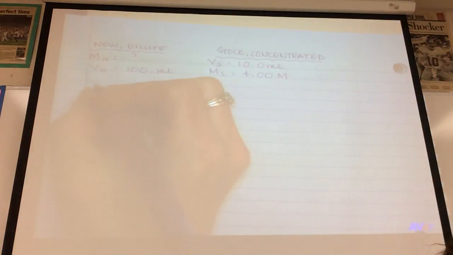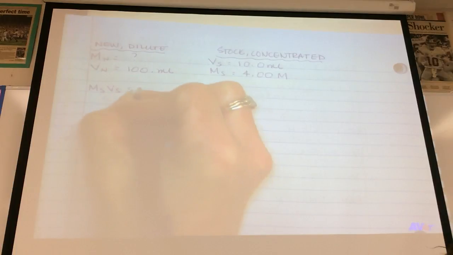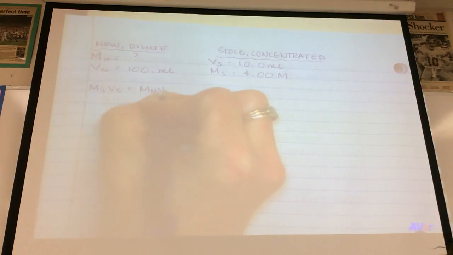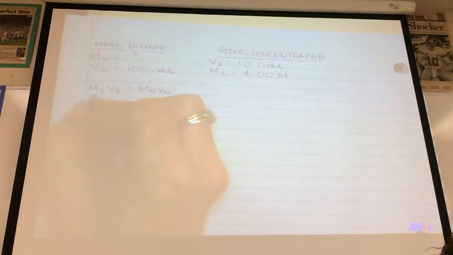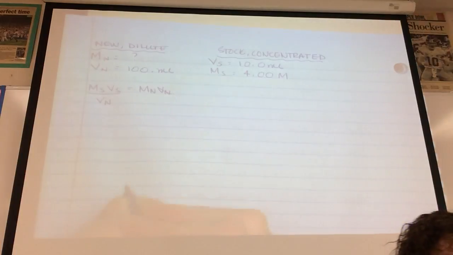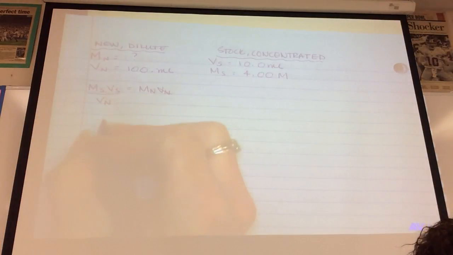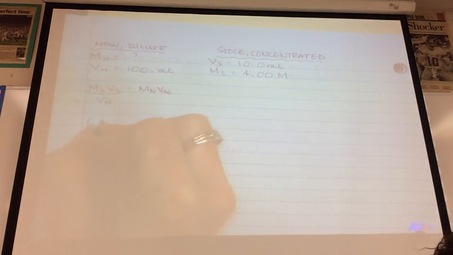So your formula is M stock V stock is equal to M new V new, and you want to calculate the molarity of the new solution by dividing by the volume of the new. The molarity of the stock is 4 molar.